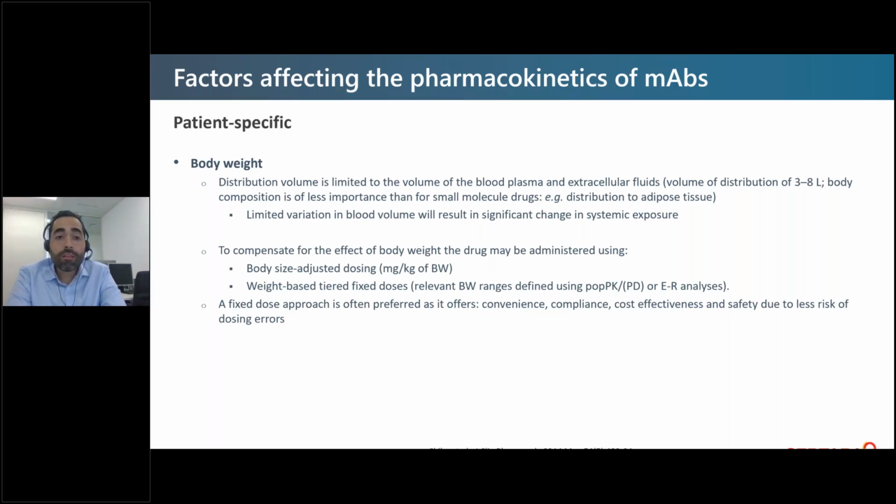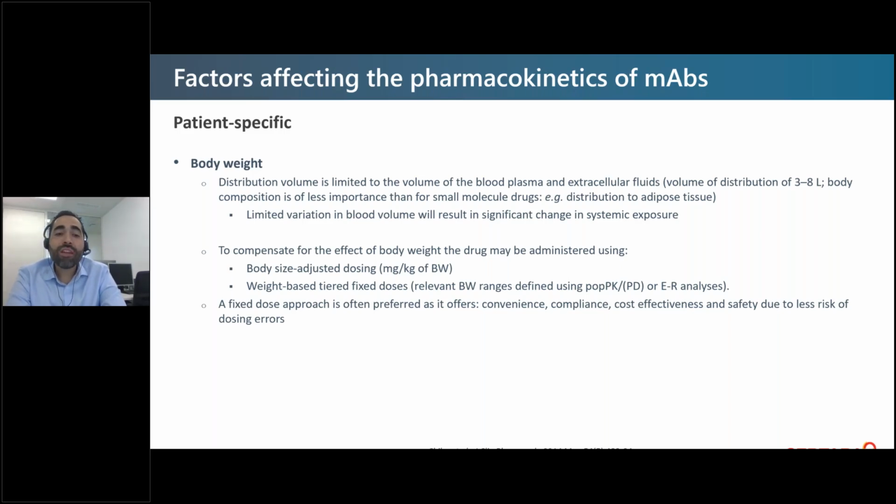To compensate for the effect of body weight, monoclonal antibodies are generally administered either using body size adjusted dosing in milligram per kilogram of body weight, or we can define what we call weight-based target fixed doses, meaning that we would define relevant body weight ranges where the variability is acceptable in terms of pharmacokinetics and pharmacodynamics or response, and then we'll have flat doses for each range of body weight.